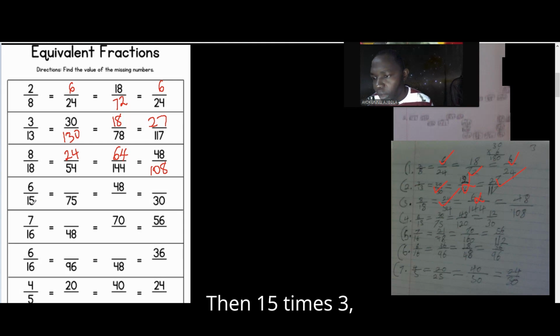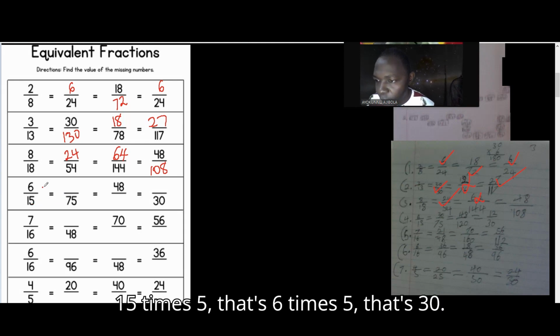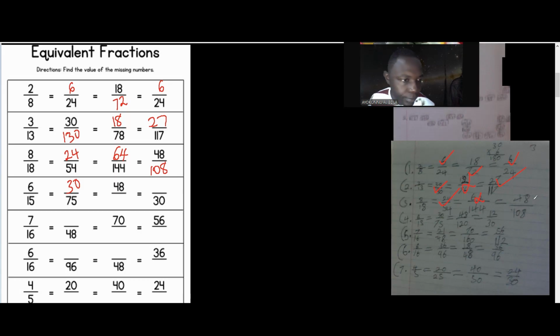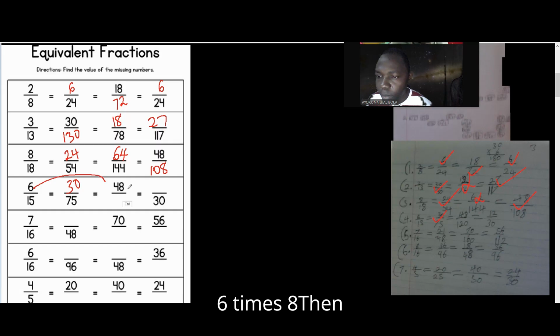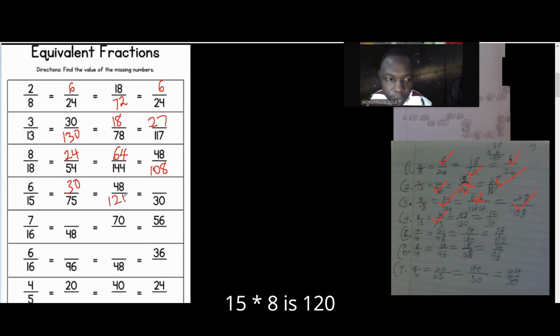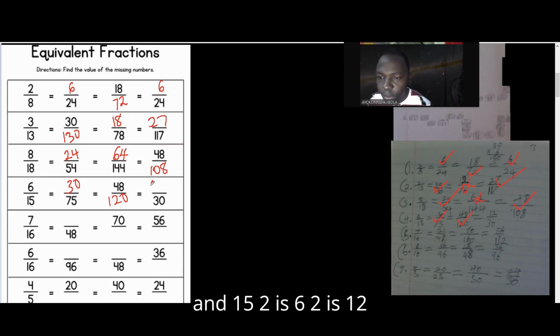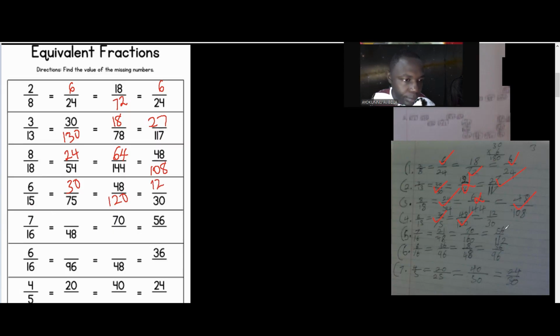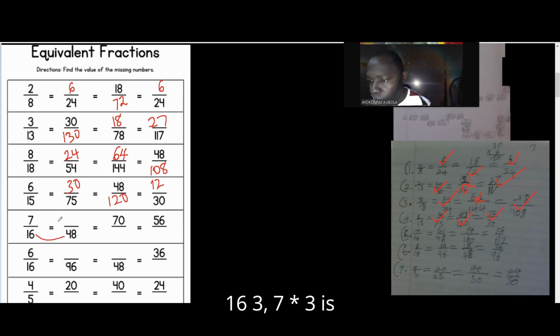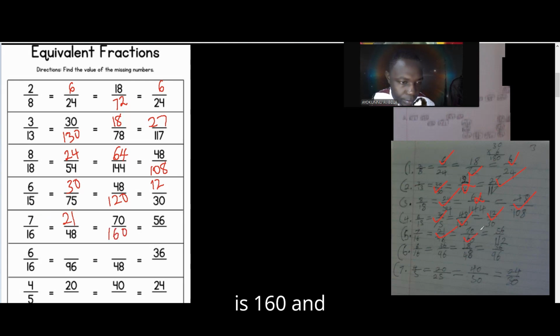Then 15 times 3, 15 times 5, then 6 times 5, that's 30. 6 times 8, then 15 times 8, that's 120. And 15 times 2 with 6 times 2, that's 12 here. 16 times 3, 7 times 3, that's 21. 7 times 10, 16 times 10 is 160.